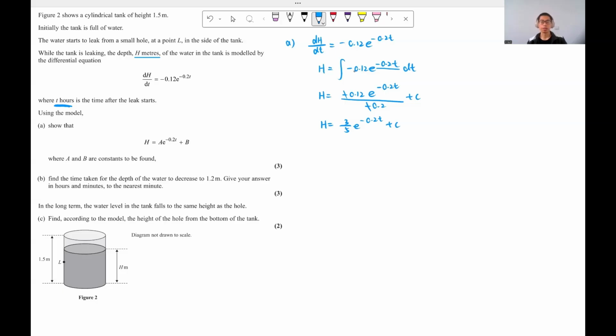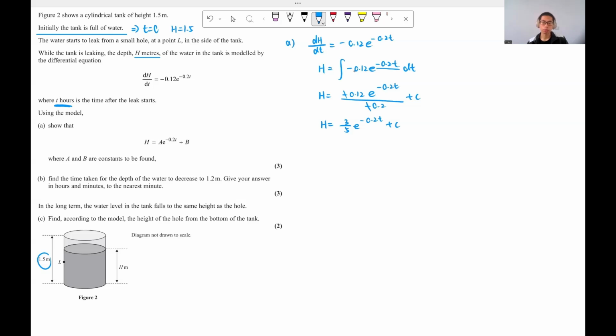And now we need to find out the value of c. It says initially the tank is full of water. So that means when t equal to 0, the cylindrical tank of height 1.5 meters is full, so the height of the water should be 1.5 meters. So h equal to 1.5.